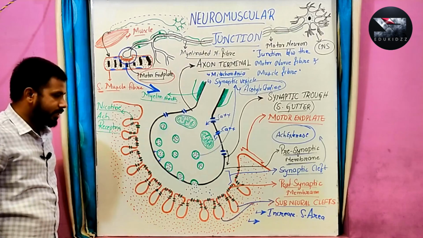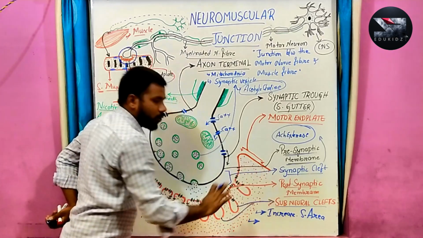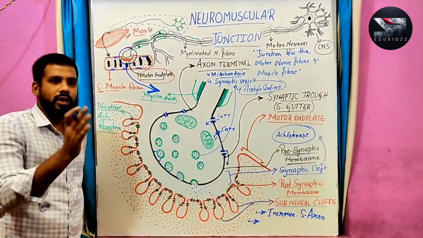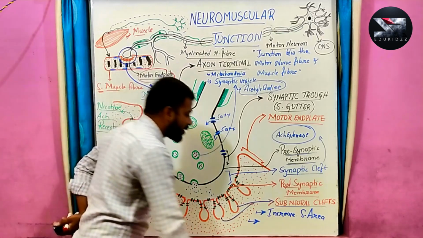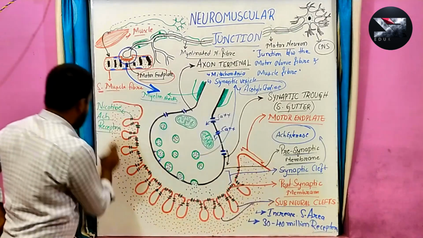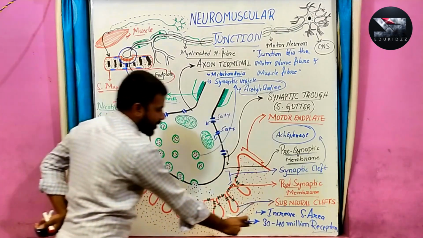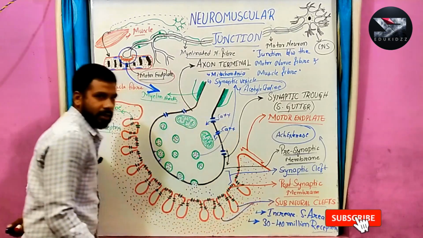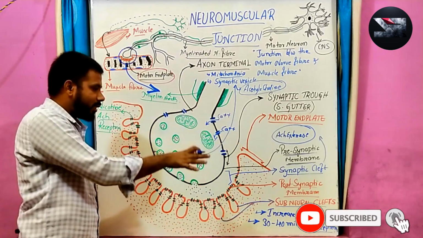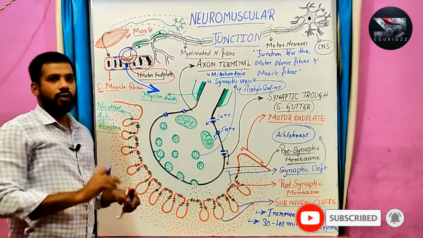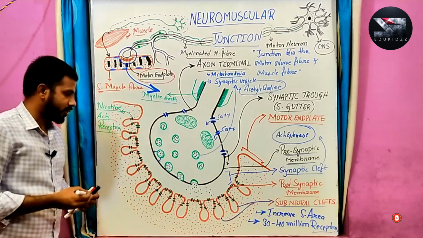The second importance is that in the subneural cleft there are approximately 30 to 40 million receptors. These acetylcholine receptors further help in the binding of acetylcholine and further contraction of the muscle.